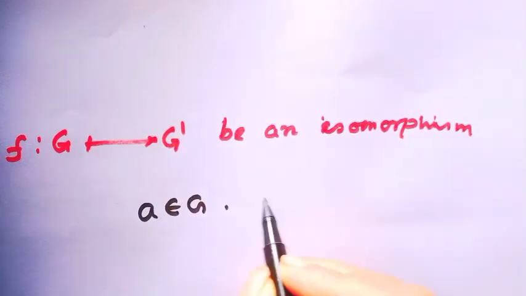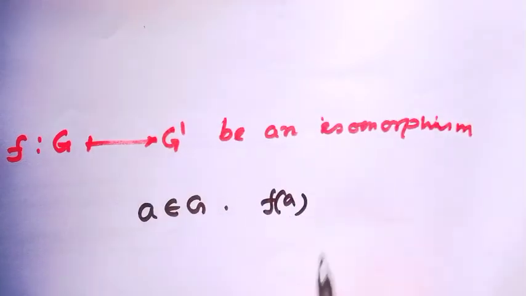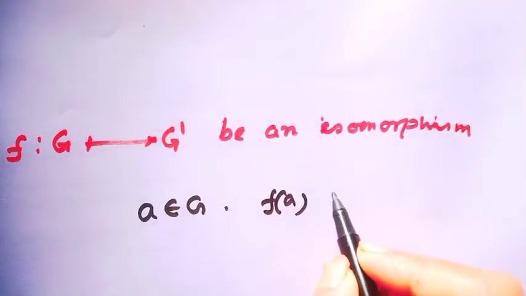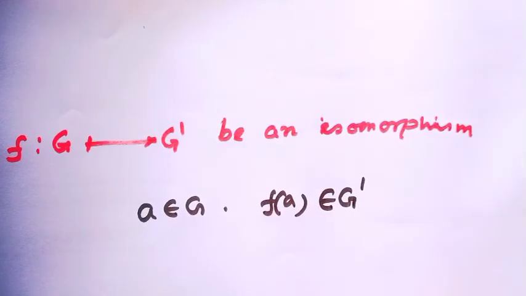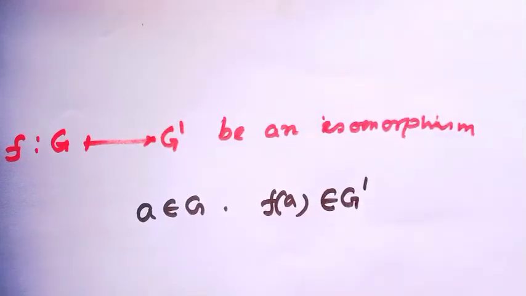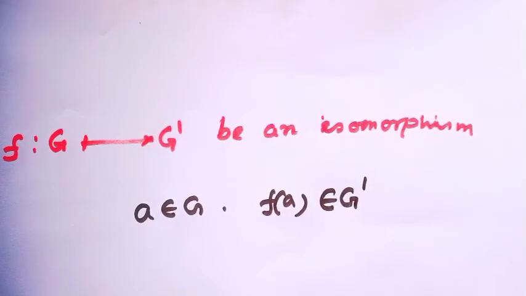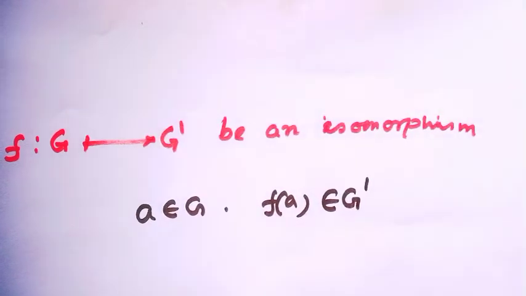I will get f of a, which is a member of G prime, and f of a has the same properties which a has in G. So the name may be changed in G prime, but all properties of G will be satisfied here. You getting it? This is the actual idea of isomorphism.